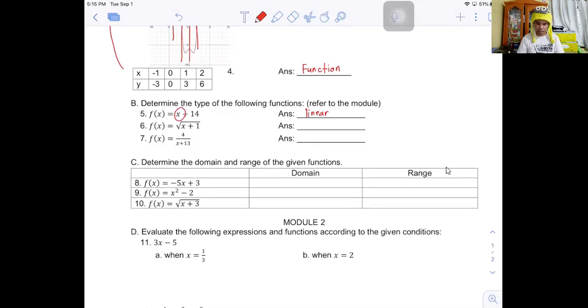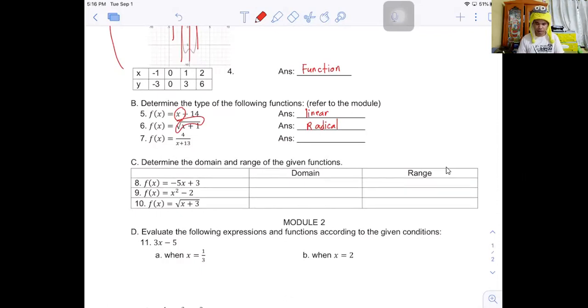For number 6, you can call it square root function, but generally, others call it radical. So in general, square root, cube root, fourth root, fifth root, and all of the roots are radical functions.